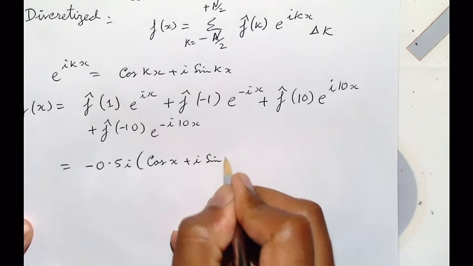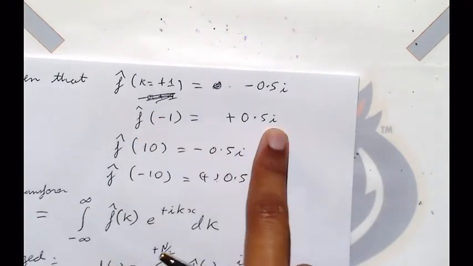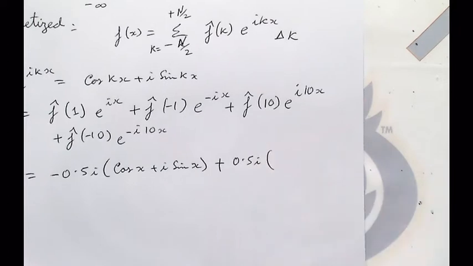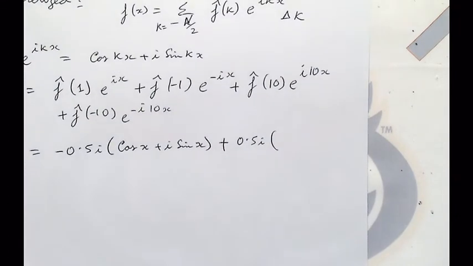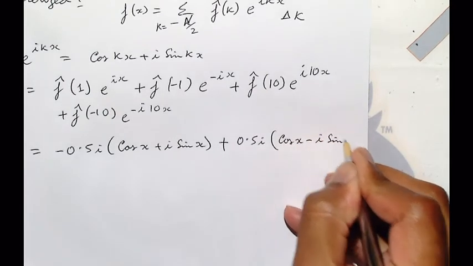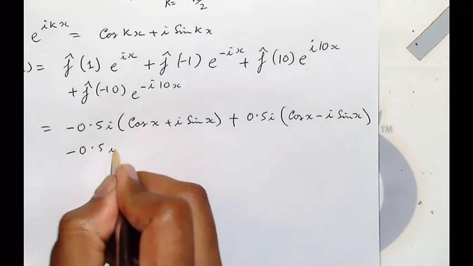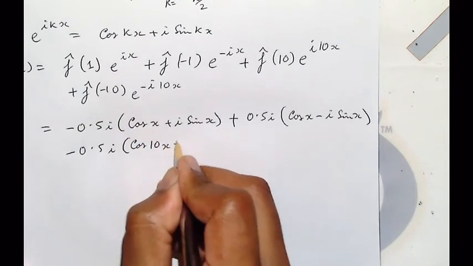Next. Positive 0.5 i. Yeah, f hat of minus 1 was 0.5 i, times cosine x minus i sin x. Minus 0.5 i times cosine 10x plus i sin 10x, yeah.